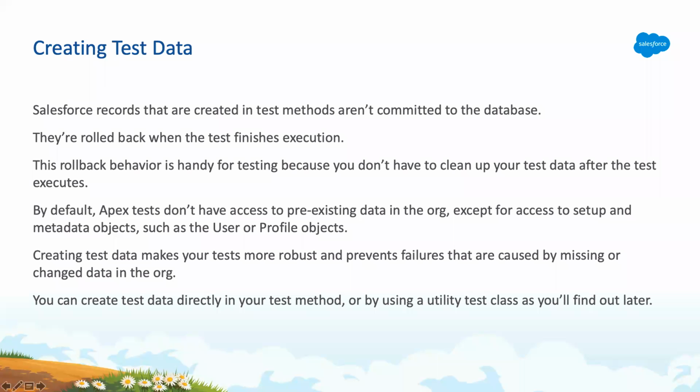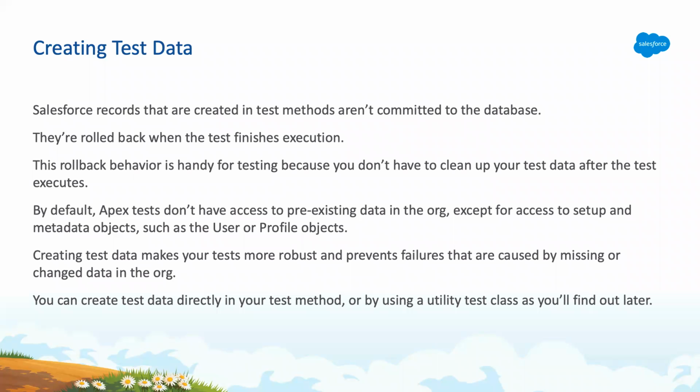As we don't have access to pre-existing data, our test classes won't change our production data during test execution. That is a good thing. Otherwise, we would have to take care of all the production data as well.